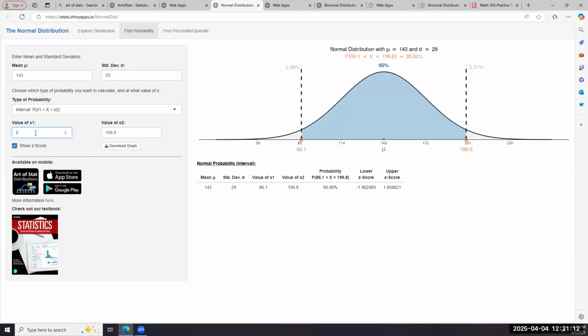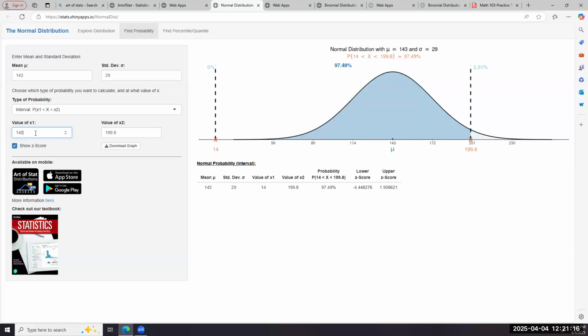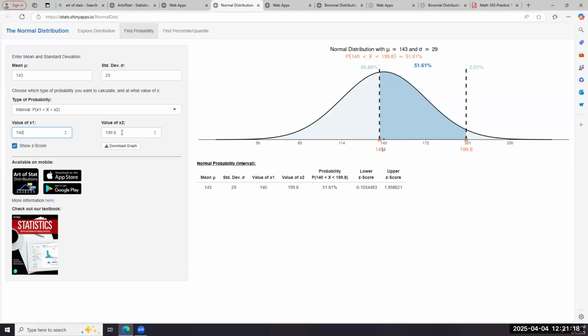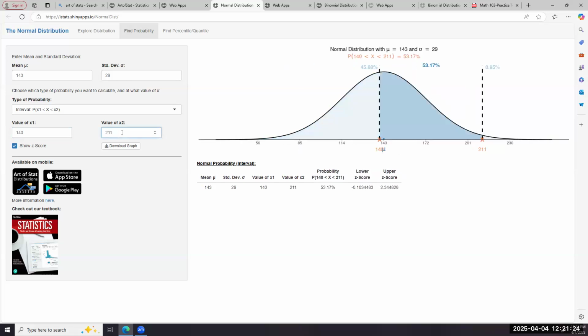So this is the smaller number, 140, and this is 211. That's it. This is the area between two numbers, and the probability that X is between 140 and 211 is 53.17%. Nice. You see, that's going to be the case.